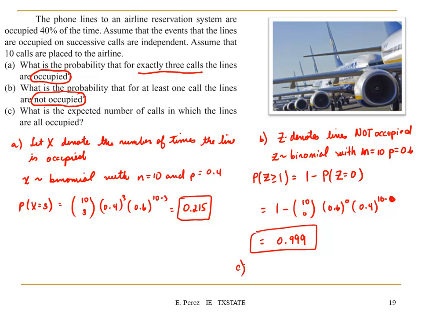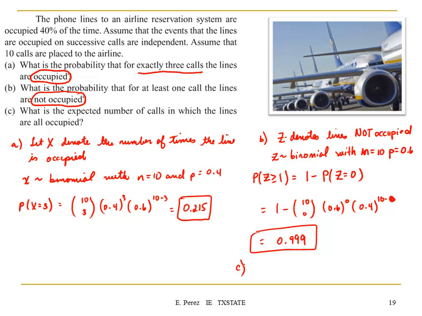What is the expected number of calls in which the lines are occupied? 2 bonus points for the next exam. That's right. I mean, you don't have to if you don't want it. Okay, go ahead.